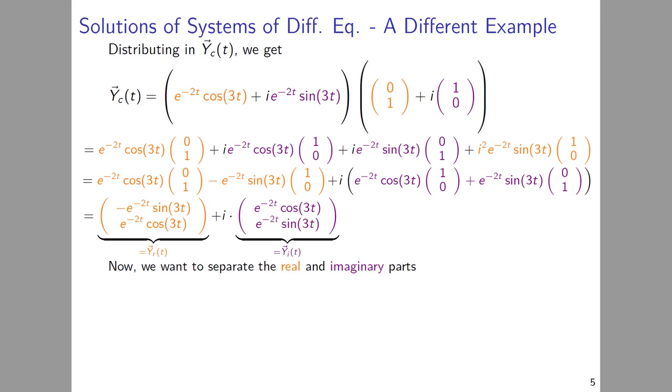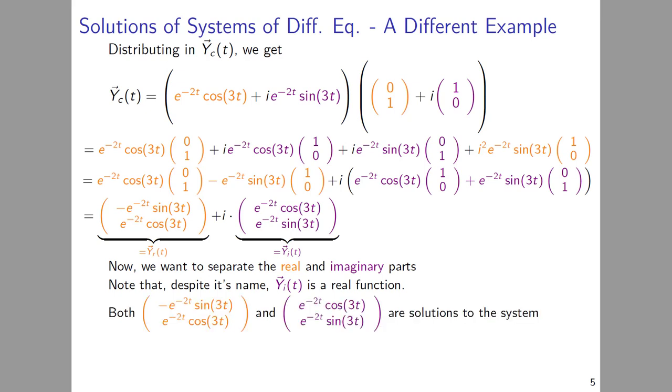And before we put together our general solution, I again want to remind us that despite its name, yi of t is a completely real function because it just has i as a coefficient, but not part of yi itself. So based on the theorem we just saw, both the real part and the imaginary part are solutions to the system.